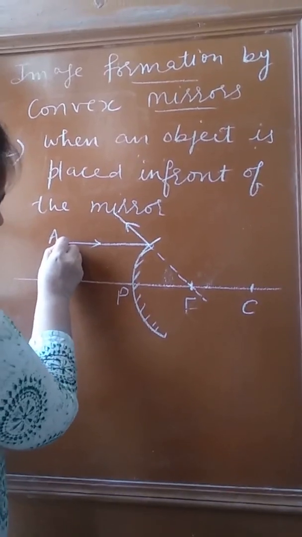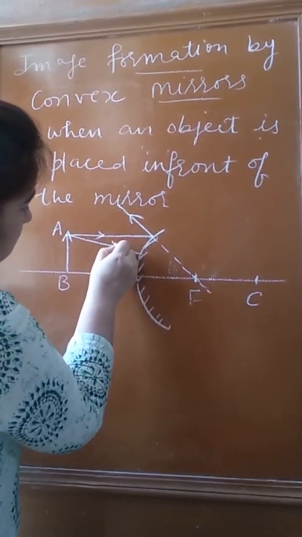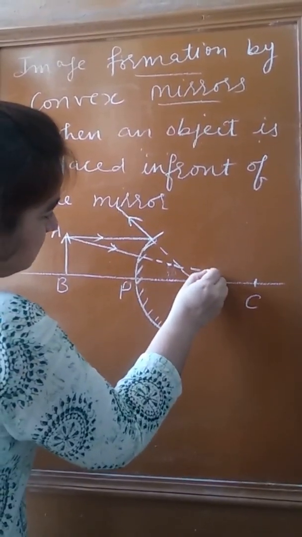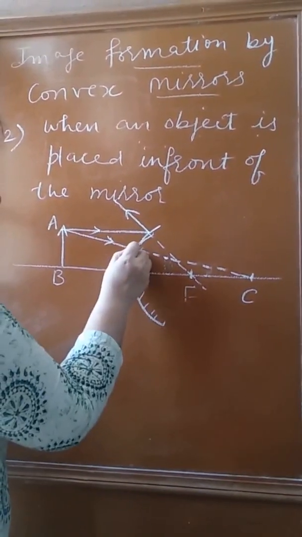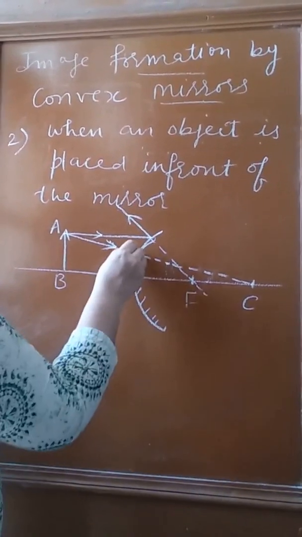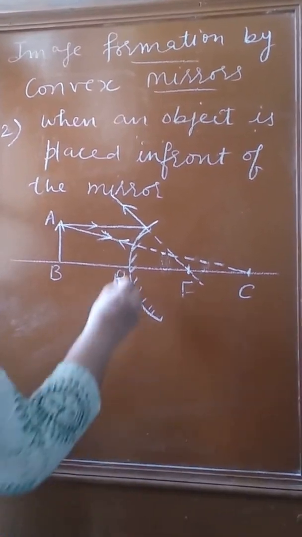Now the second ray, let it be from the center of curvature. It goes in this direction and is reflected back in the same.